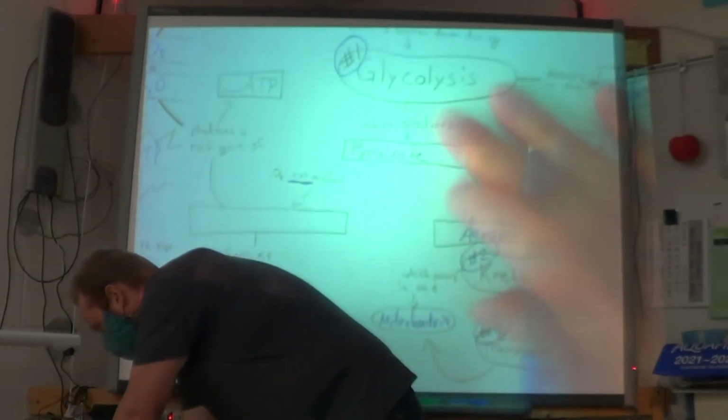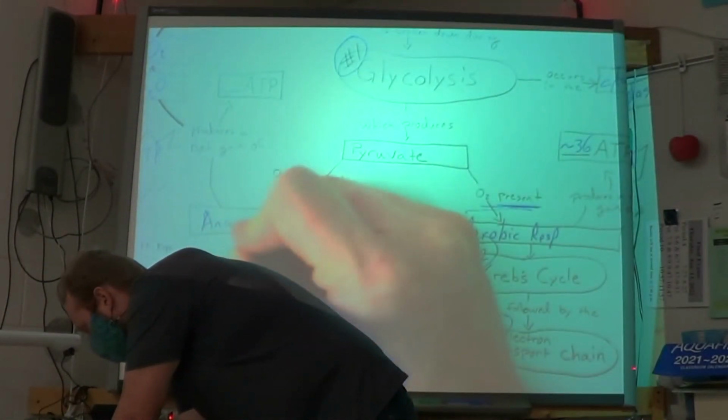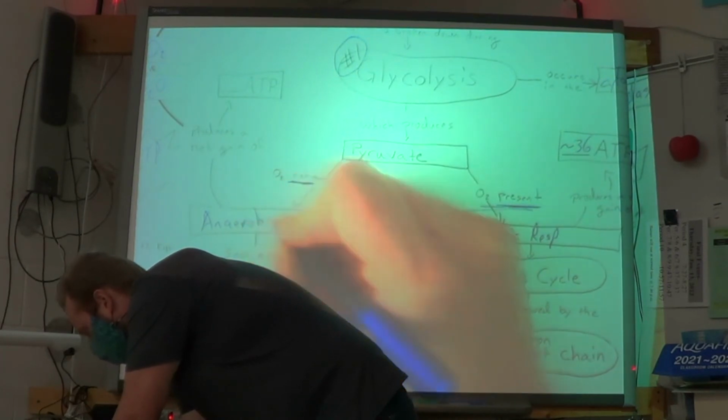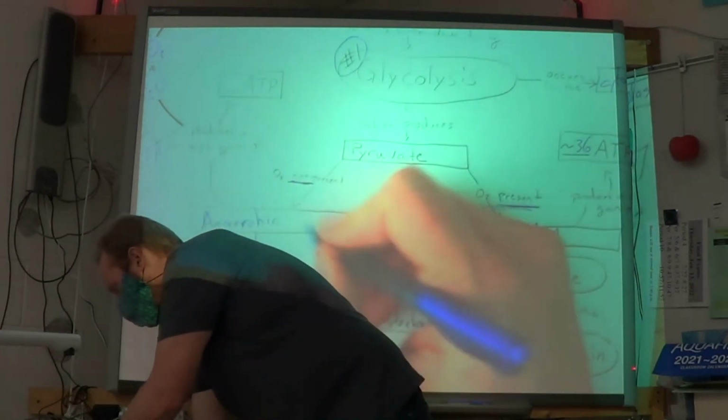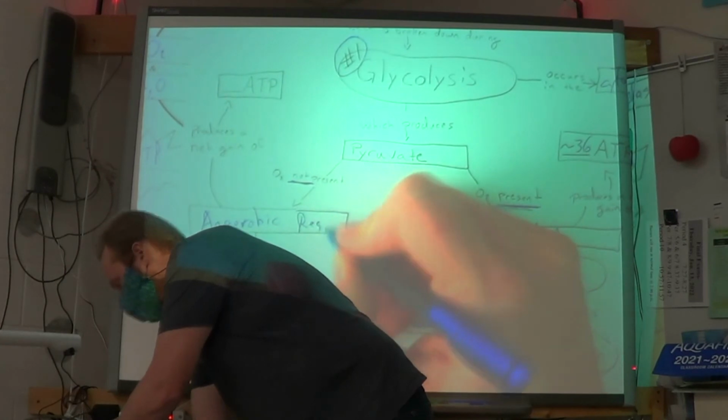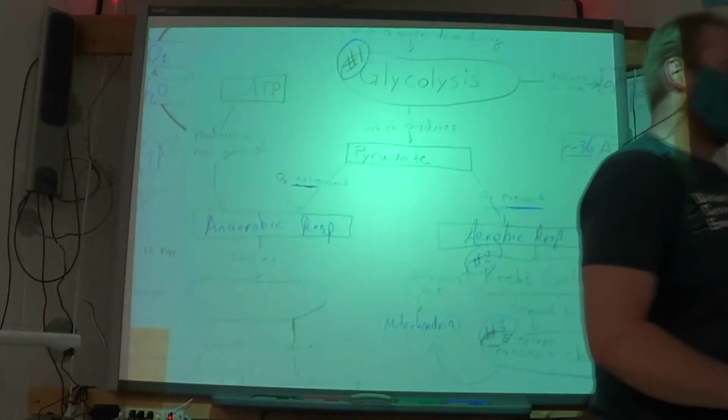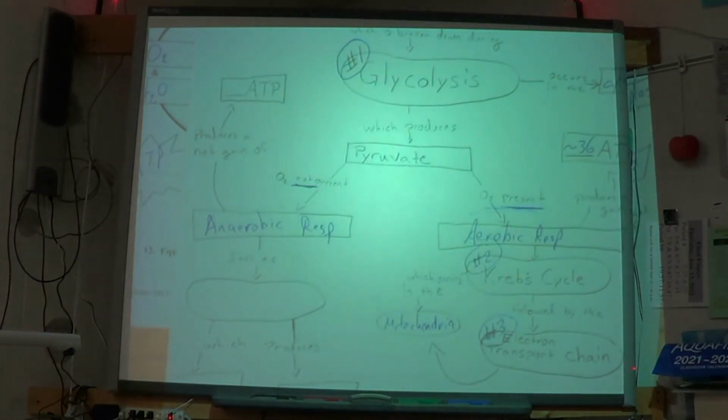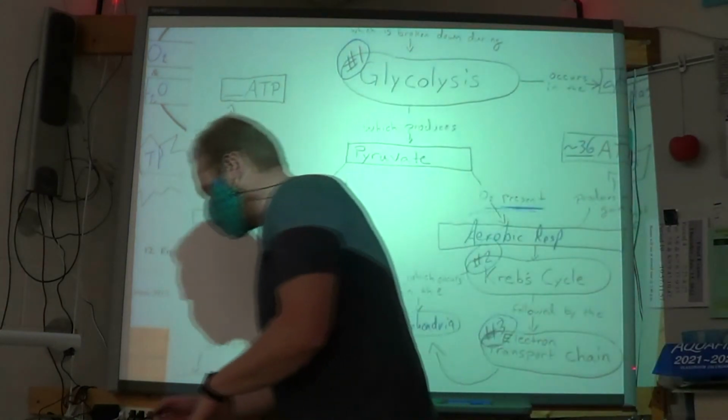However, if oxygen is not present, then we call this anaerobic. And we can do this for a little bit. We can't do it very long, but we can do it for a little while. And what do we call anaerobic respiration? It's also called fermentation. And there's two types of fermentation.